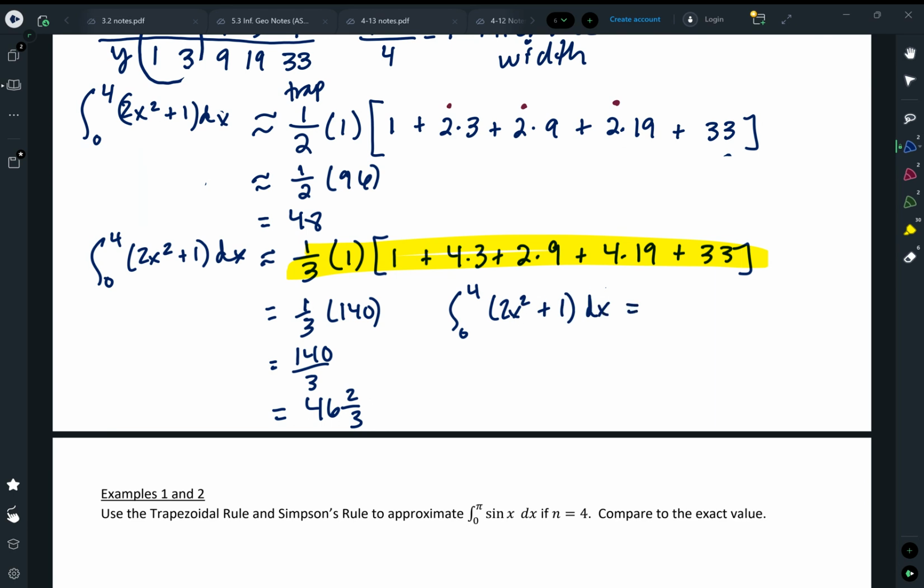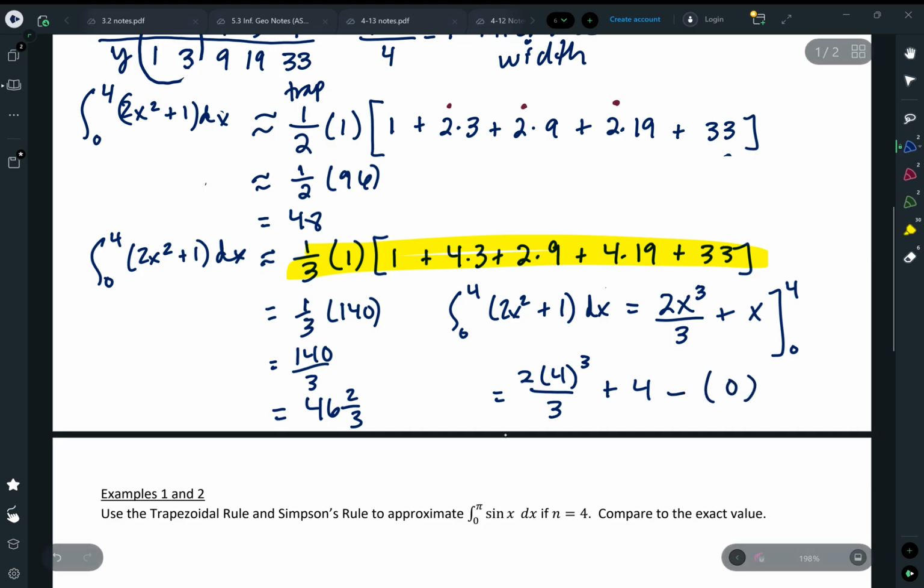So 2x squared, remember we're going to increase our power to the third power, divide by 3, and then it's plus an x, and this is from 0 to 4. So when we substitute 4, we get 2 times 4 to the third, divided by 3, plus 4, minus, and then we would substitute 0 for both of our x's, so it's just 0.